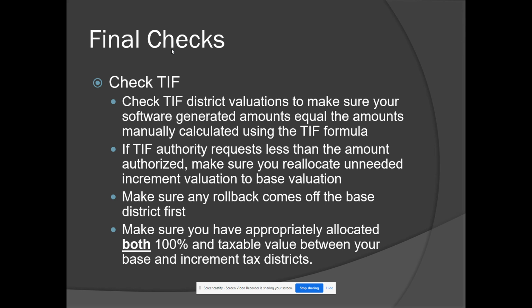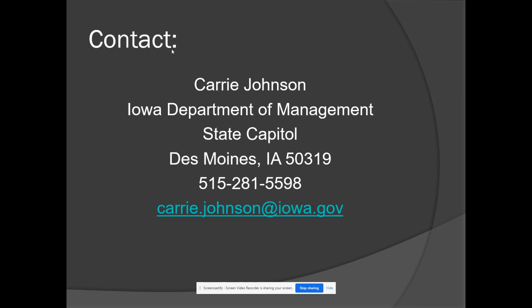If a TIF authority requests less than the amount authorized, so less than the maximum available increment, make sure that you reallocate any unneeded increment value to the base valuation so that all levy authorities have an opportunity to tax against it. Make sure that any rollback comes off the base taxing district first, and make sure that you have appropriately allocated both 100% and taxable value between your base and increment tax districts.